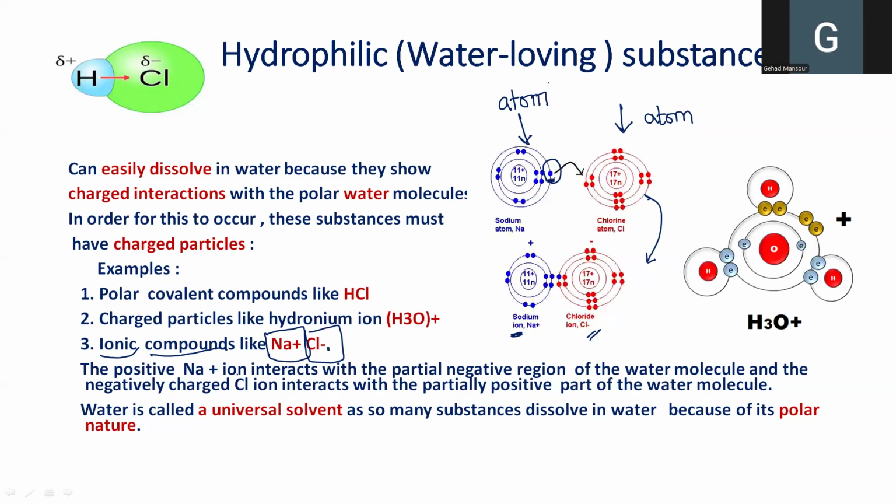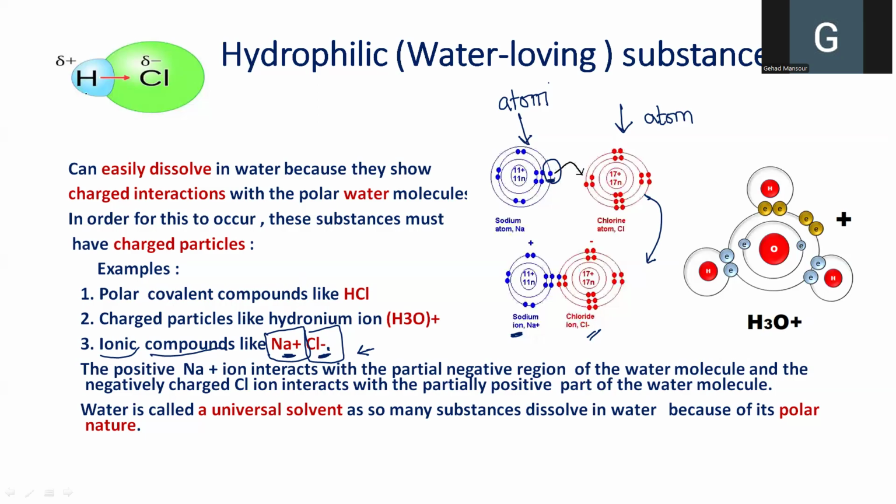Sometimes the hydrophilic substance carries a charge, but it's not a true charge like here. Here, the sodium cation carries a true positive charge, and the chloride anion carries a true negative charge.